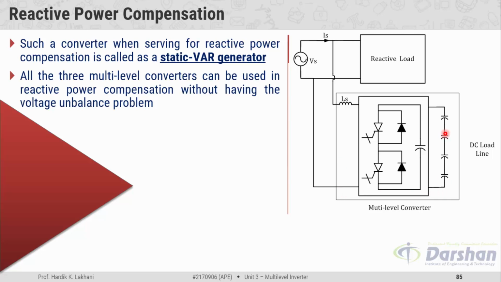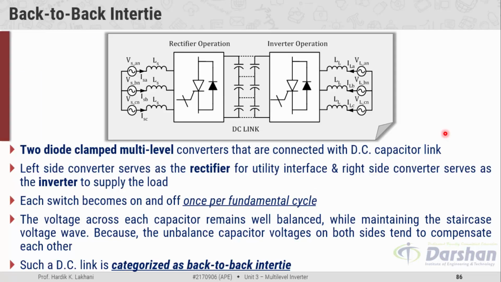So all the three multi-level converters can be used in reactive power compensation without having the voltage unbalance problem. But in this diagram, the flying capacitor multi-level inverter is used for reactive power compensation. The next application of multi-level inverter is the back-to-back intertie.